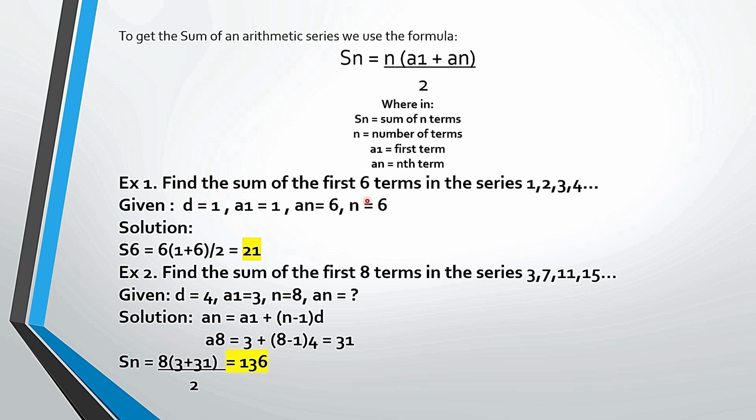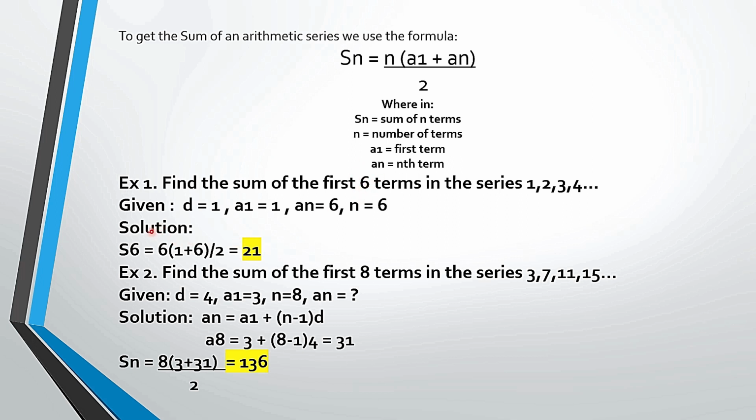Example number 1. Find the sum of the first 6 terms in the series 1, 2, 3, 4, and so on. We are given the common difference of 1, obviously because the difference between 2 and 1 is 1, and 3 and 2 is 1. The first term a sub 1 is 1, and the nth term, obviously because we only have a common difference of 1, is 6, and the number of terms is given to be 6.